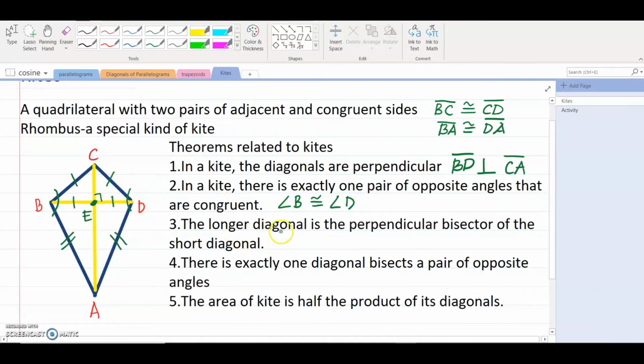So we can say here that BE is equal to DE because of the perpendicular bisector.